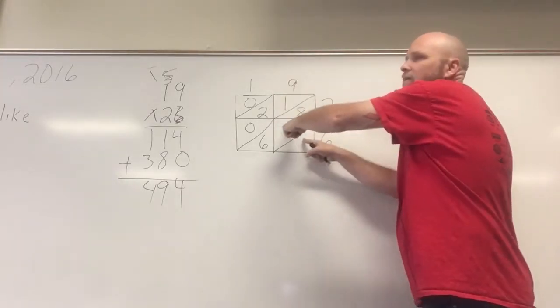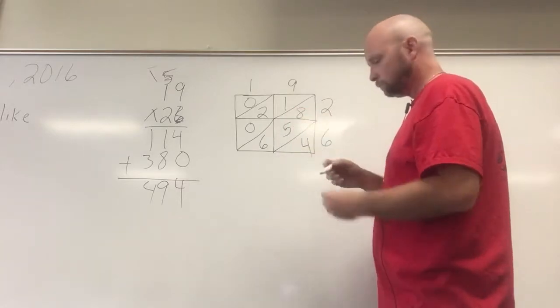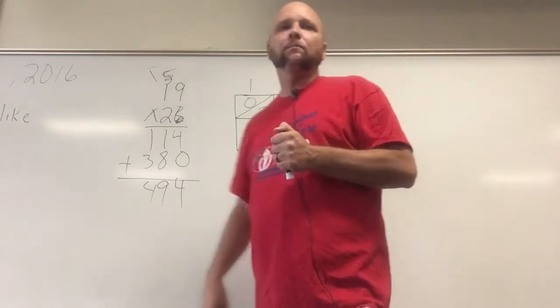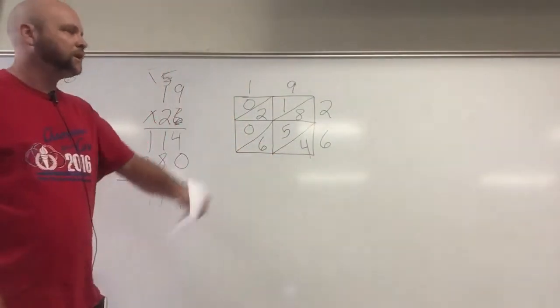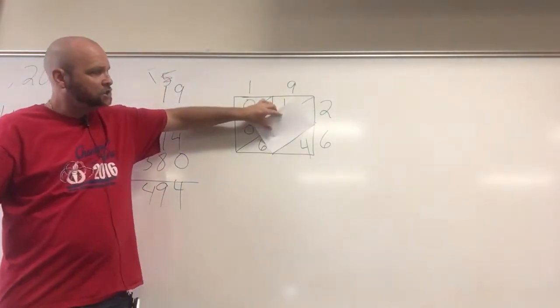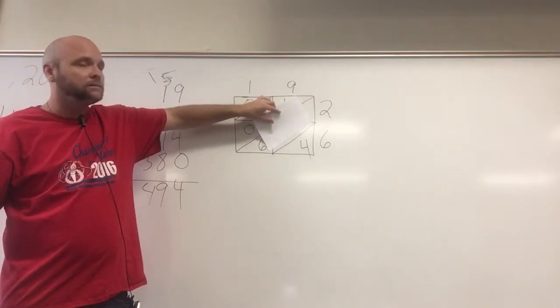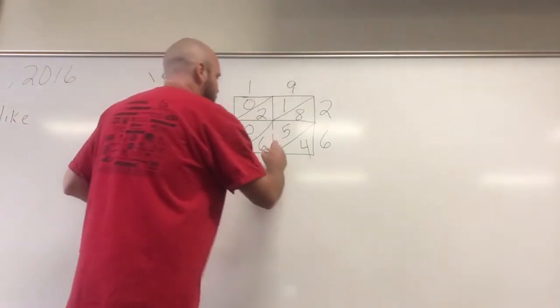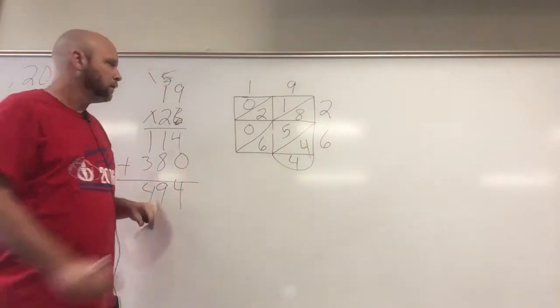9 times 6 is 54. Then it is simple addition. I add each diagonal up. That diagonal just has a 4 in it. I know yesterday they put those little cups on it.